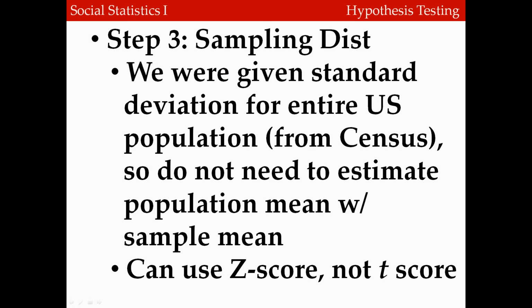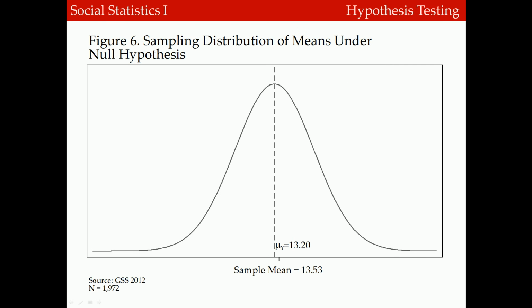So we're going to choose the z-score over a t-score when we're calculating our test statistic. And that means that our sampling distribution is going to be the one that is used with the standard normal distribution. And so here is the sampling distribution of the mean under the null hypothesis. So notice that the distribution follows a normal distribution, which is what we assume based on the central limit theorem.